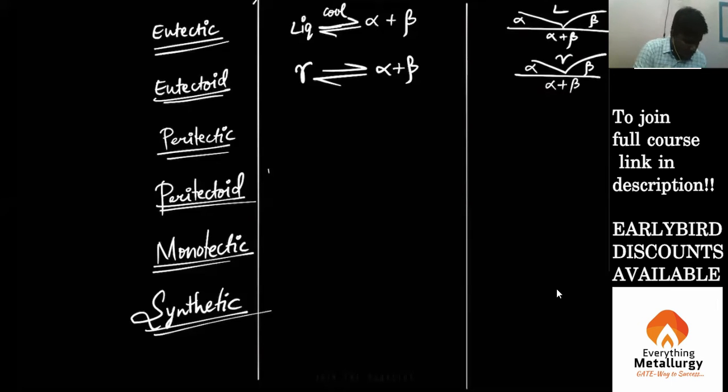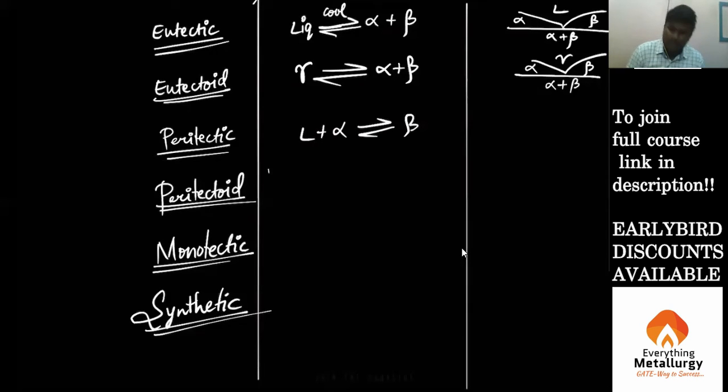Similarly, peritectic. If you already studied the iron carbon diagram, you must be familiar that many of these reactions are present there. Now the next reaction is peritectic, that will be L plus alpha gives rise to beta.